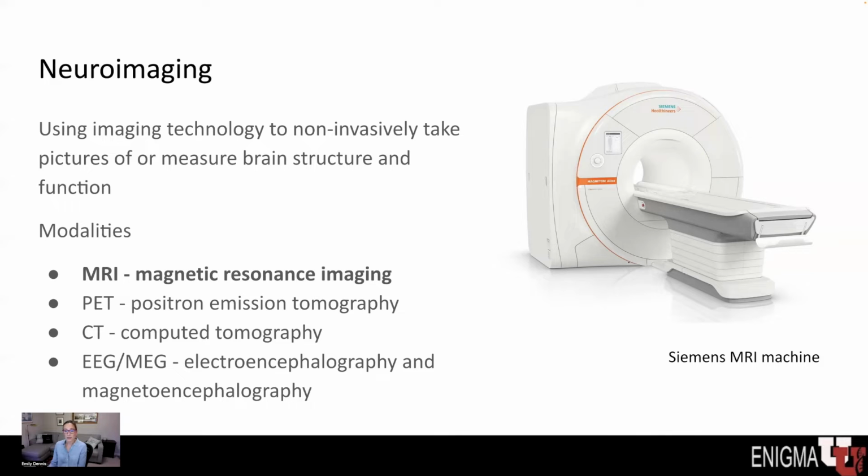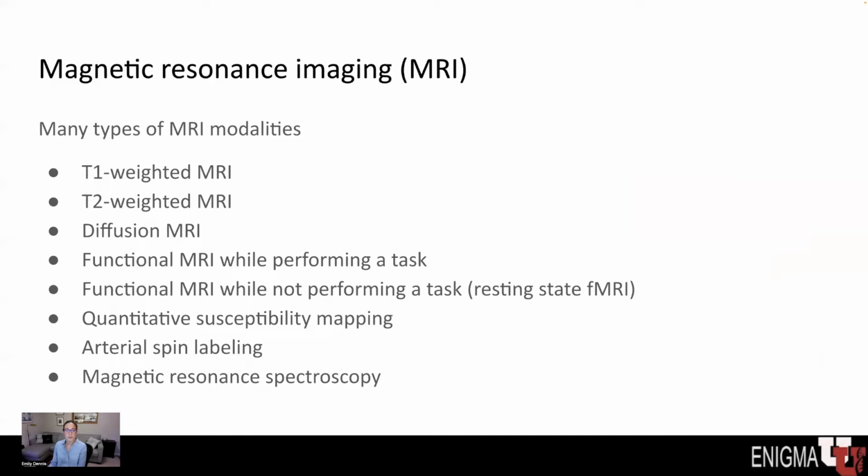And within MRI, there are multiple modalities as well that we're going to talk about here today. So the different types of magnetic resonance imaging, or MRI, that we're going to cover today are T1 weighted MRI, T2 weighted MRI, diffusion MRI, functional MRI while performing a task, functional MRI while at rest, not performing a task, also called resting state fMRI, quantitative susceptibility mapping, arterial spin labeling, and magnetic resonance spectroscopy.